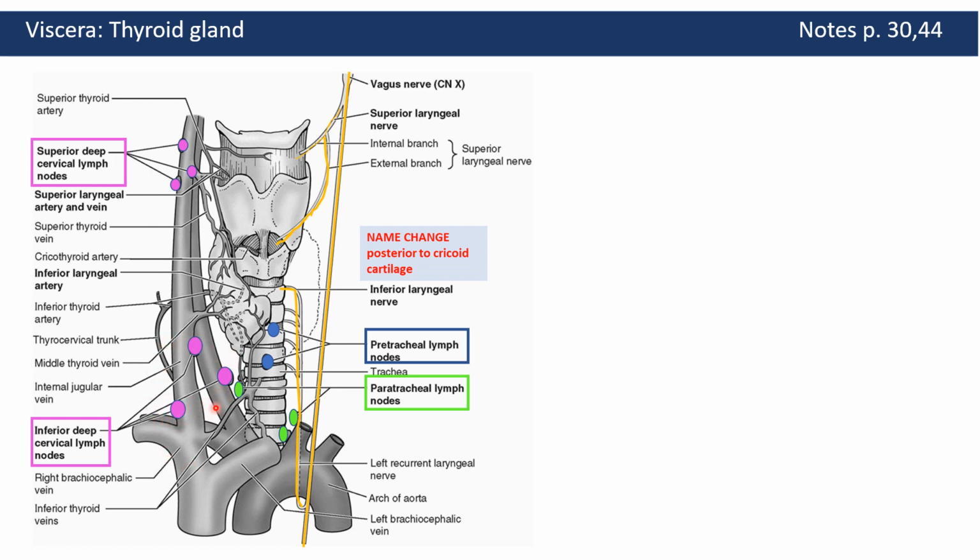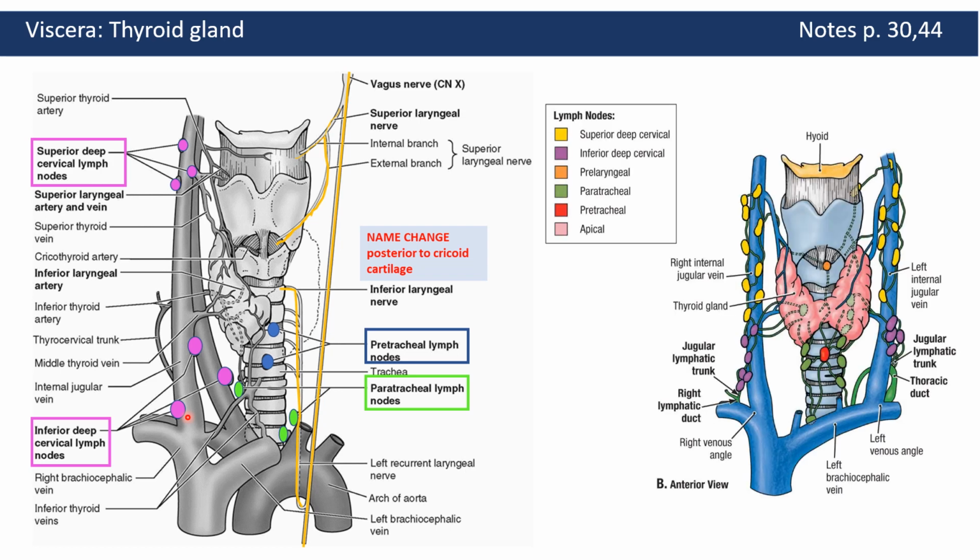These are a group of nodes that receive drainage either more superficially. Regardless, all of the lymph will end up in inferior deep cervical lymph nodes, and then we will talk about the subsequent path in a second. Anterior to the cricothyroid muscle is this prelaryngeal lymph node, as well as a pretracheal lymph node anterior to the trachea. And then these paratracheal lymph nodes are here.